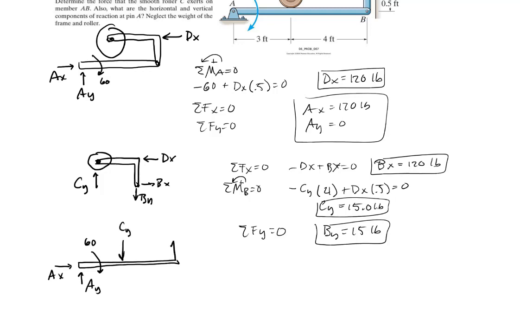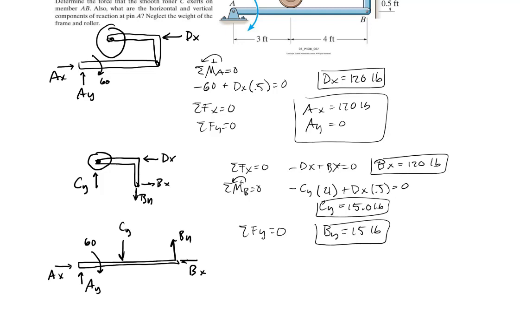Again, these transfer equal and opposite from here. If I draw them this way up there, I have to draw them opposite like that. So let's just solve for one equation to check my work. I'm going to sum the moments about A equals 0.